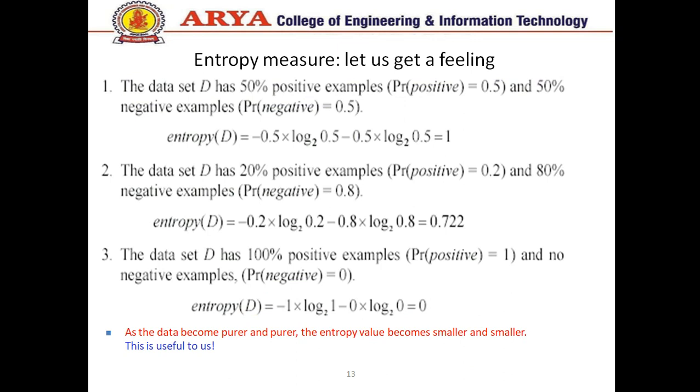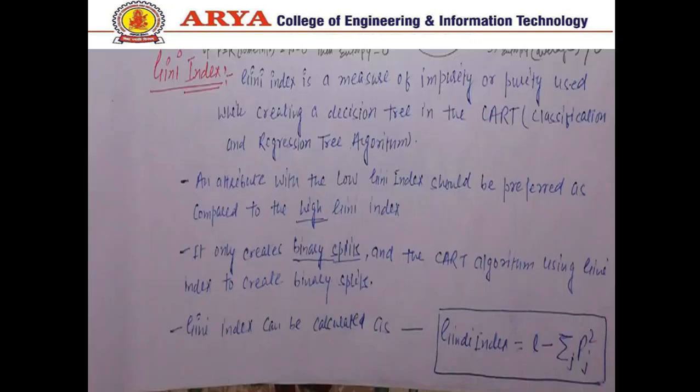If a data set has 20% positive examples and 80% negative examples, in that case the measurement can be calculated as 0.722, and if the data set has 100% positive examples and no negative examples, in that case our entropy will be 0. So you can memorize it, it will help to solve numericals.